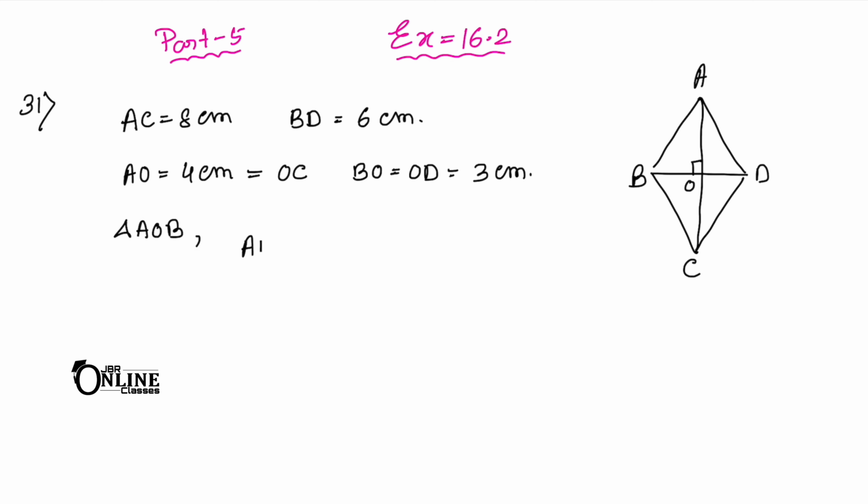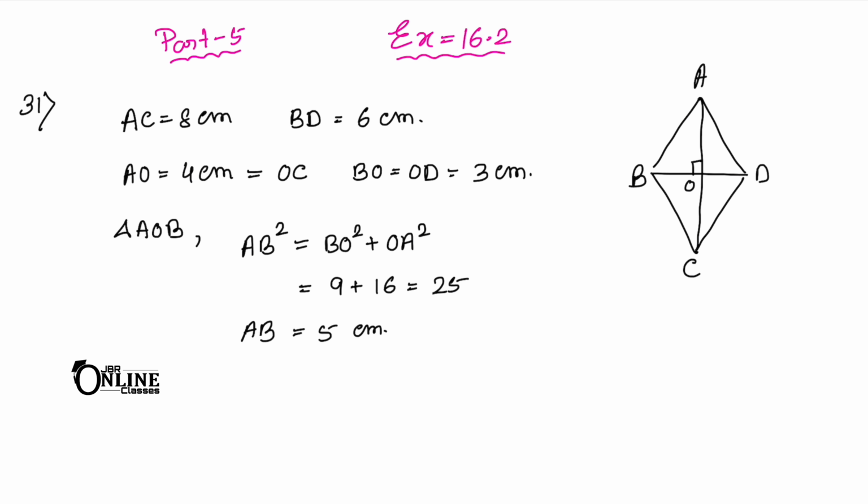So AB square equals BO square plus OA square by Pythagoras theorem. BO means 3 square, that is 9, and OA square means 4 square, that is 16. So that equals 25, so AB equals 5 centimeter.